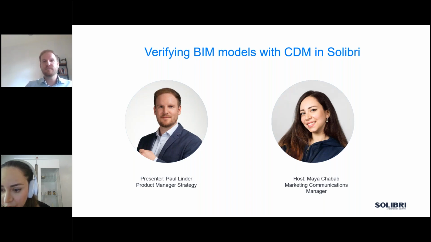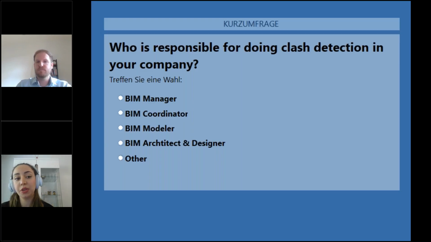Okay, so that was the first question. Next, we would like to know about responsibility: who is responsible for doing clash detection in your company. This would be very interesting to know, since we will be introducing the clash detection matrix. So I'm hoping that you are the person responsible for doing clash detection, regardless of the title. And if you answered other, please specify in the chat the title of the person who is responsible for doing clash detection.